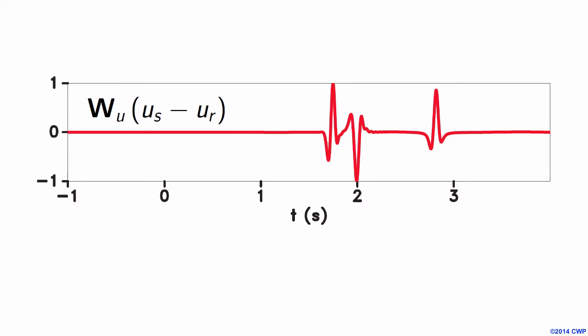Now you notice here that oftentimes we treat waveform inversion with gloves. We say, well, let's not make the frequency too high. Let's make the frequency very low. And we have other ways of treating waveform inversion with gloves. Here I did not do that. What you notice here is that there's no connection between the pulses that you see over here. We are not within a cycle of one another.